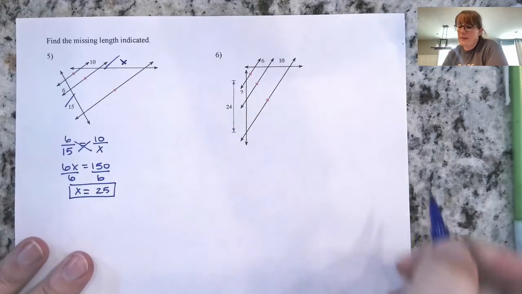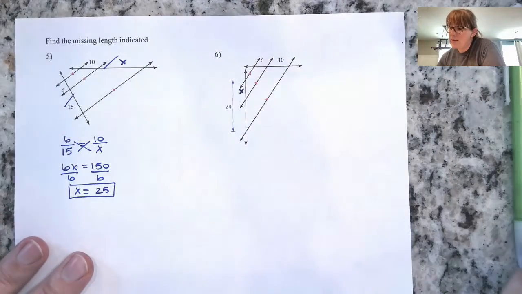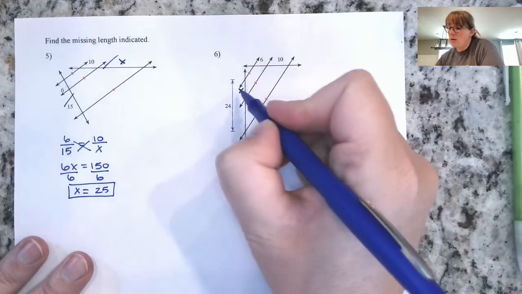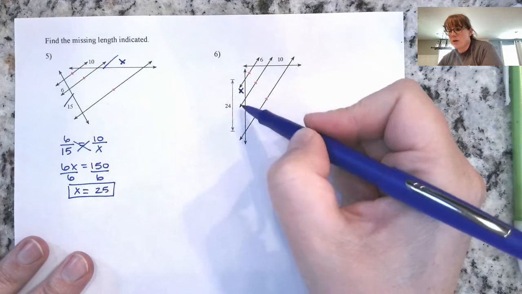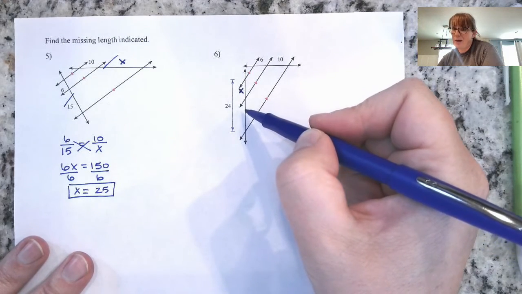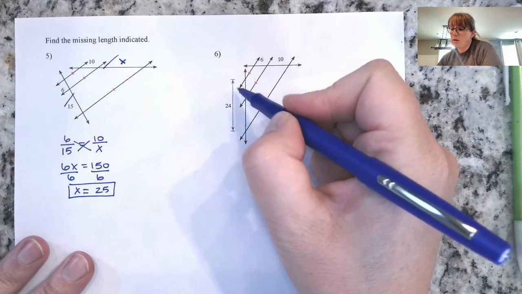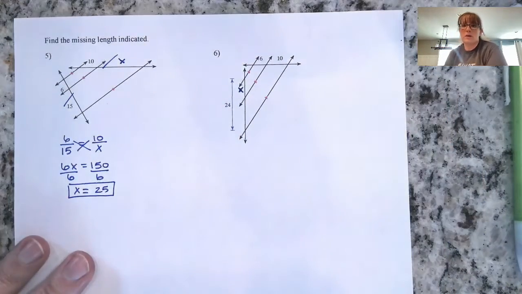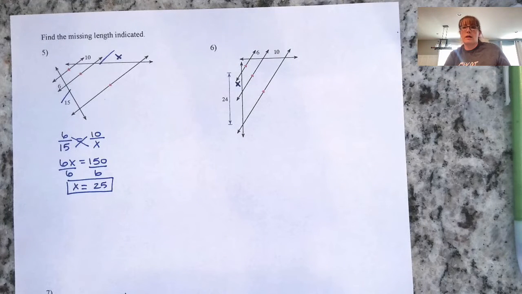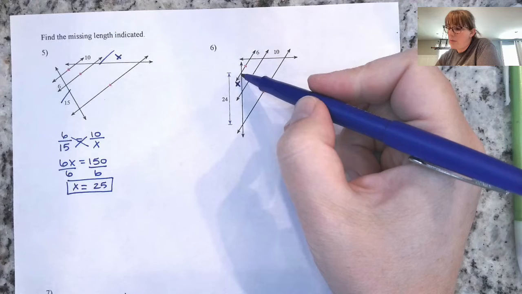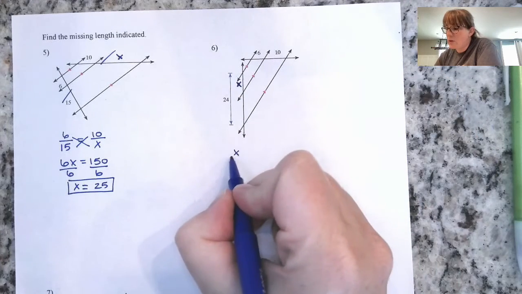Okay, I'm going to make that into an x, a little bit easier to read. So we could do the whole 24 minus x here, but then you're going to have a binomial with an x in there. So let's do the part and then the whole. Part over whole. So we're going to go x over 24.